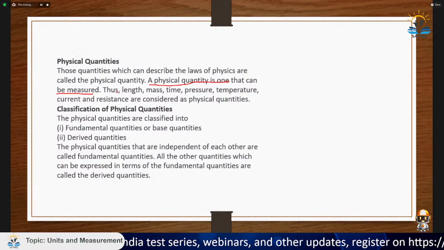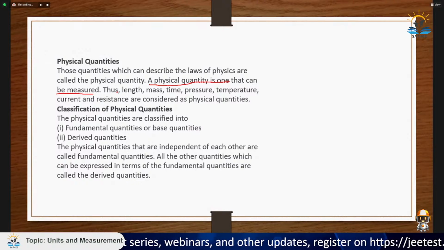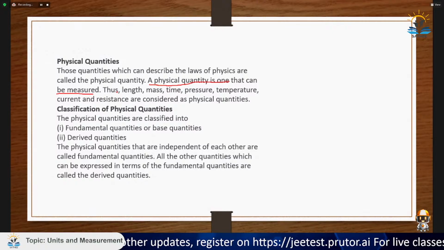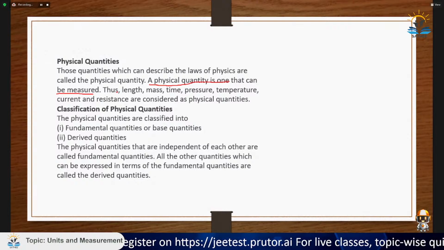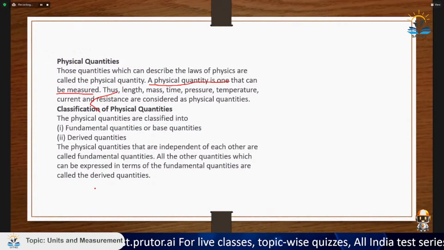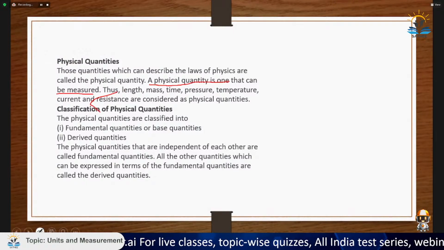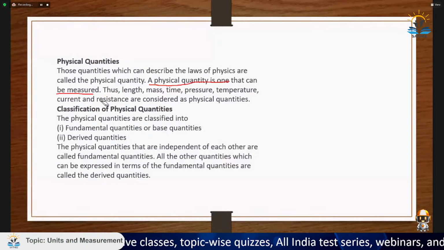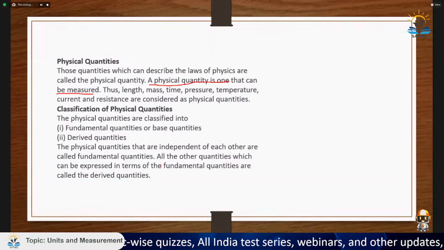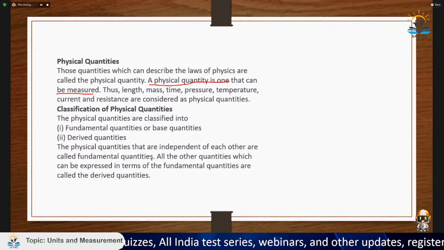Then the classification of physical quantities. There are two types of physical quantities, as it is written here: fundamental quantities and derived quantities. So what is the difference between fundamental and derived? Fundamentals are those which we use to derive derived quantities. The physical quantities that are independent of each other are called fundamental quantities.